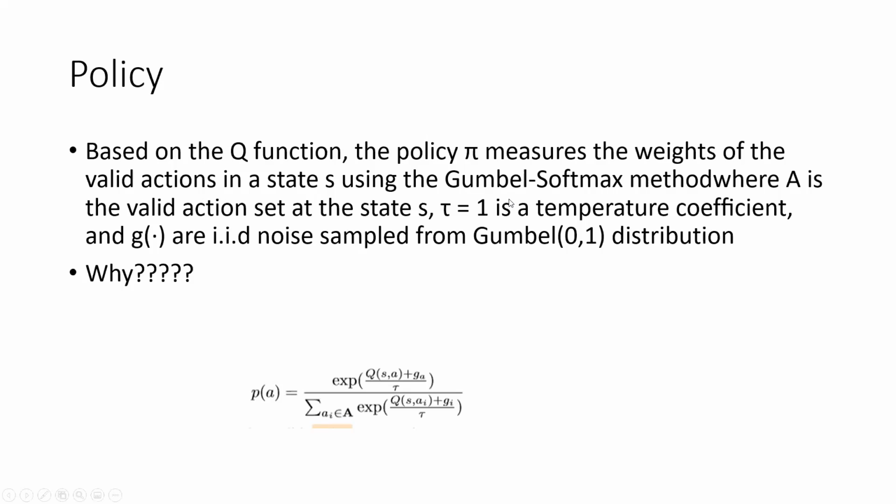But honestly, I have no idea why they use it here because they're not even training a deep neural network. So it is not deep reinforcement learning, it's just reinforcement learning. Yeah, it's not deep reinforcement learning. So I have no idea why they use this Gumbel softmax function.